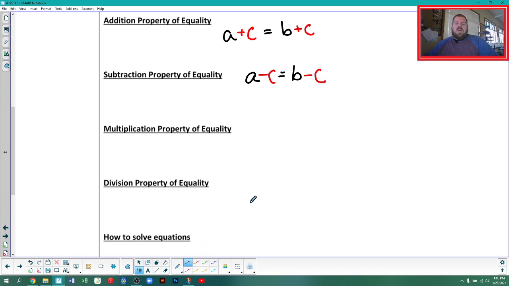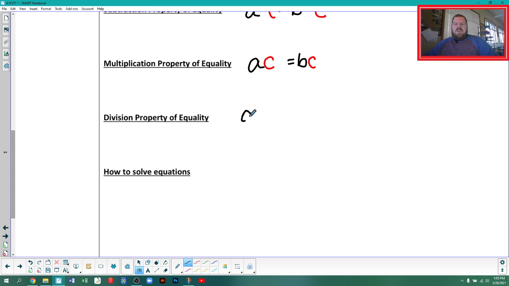Multiplication, same idea: I can multiply the same number on both sides. And the division property of equality says that if A equals B, then A divided by C equals B divided by C, with one added condition: C cannot equal 0, because we can't divide by 0.